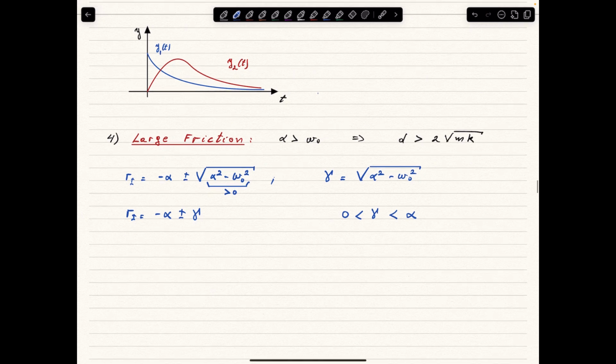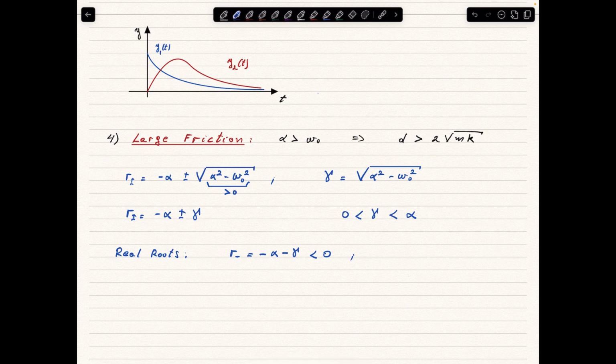Notice that the roots are real. R minus is of course negative alpha minus gamma, so obviously it is negative.